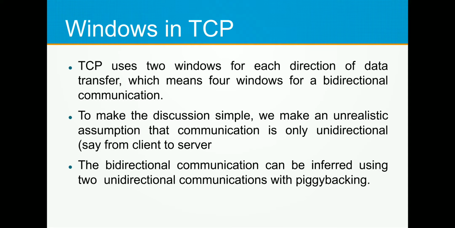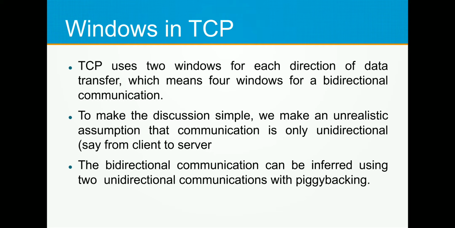Whenever the participating entity is sending data in one direction, it can also send acknowledgements for the packets that it has received in the opposite direction. So a combination of two unidirectional communications along with piggybacking will make us understand the bidirectional communication with windows.